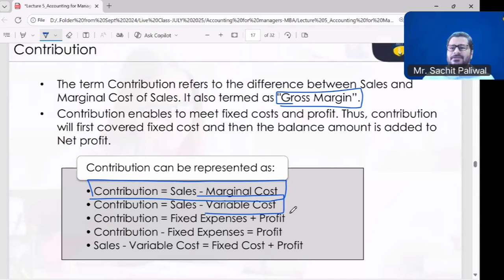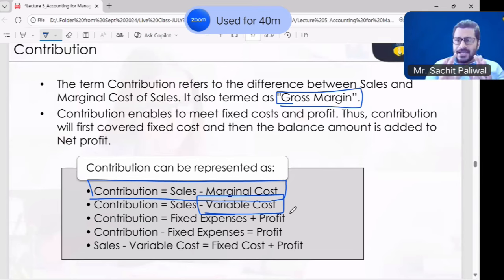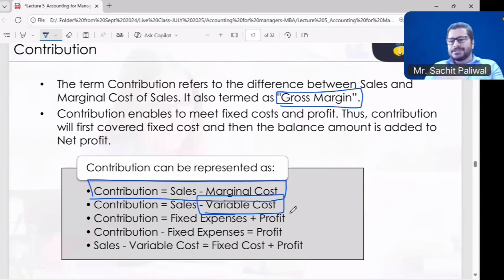So in marginal costing, there are two costs in any business or in any product, variable cost and fixed cost. Am I right? If you are going to manufacture a mobile phone, manufacturing a mobile phone requires two types of cost, variable and fixed. What are those costs which are variable and what are those costs which are fixed? Anyone?